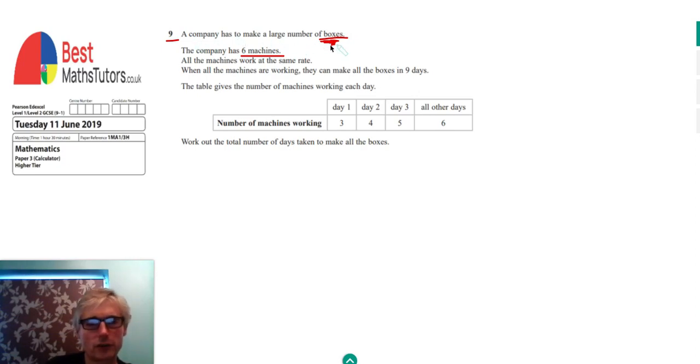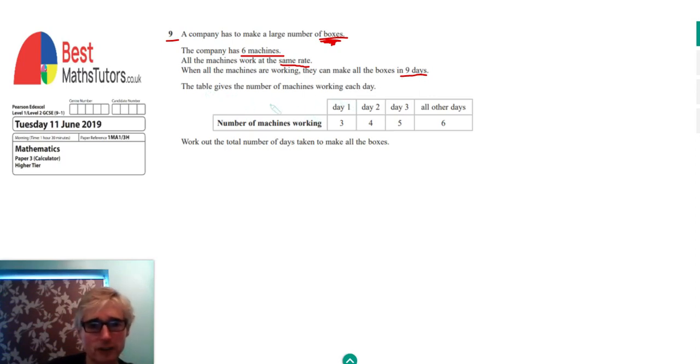As it says, the company makes boxes, and we've got these machines that will make the boxes, and also we know that each machine works at the same rate. It says when all the machines are working, they can make all their boxes in 9 days.